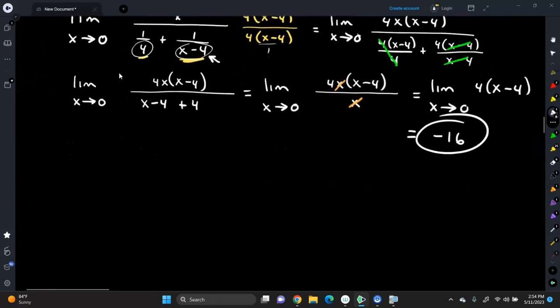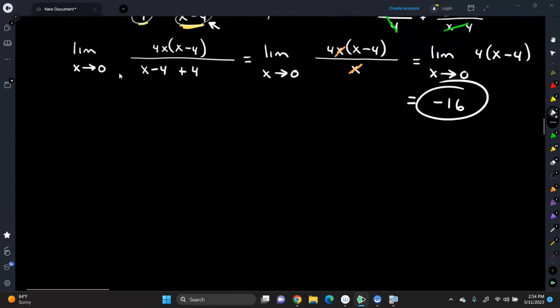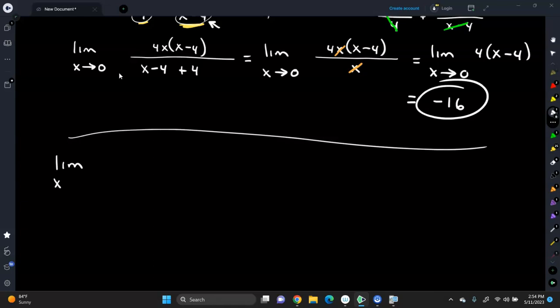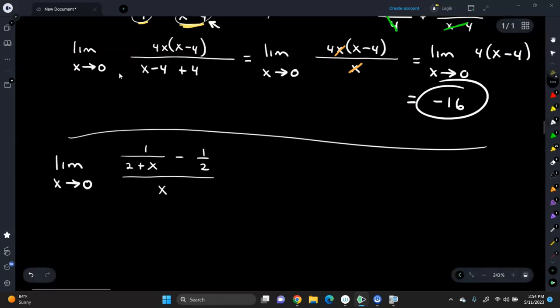Okay, let's look at another one of those. Let's take the limit as x approaches 0 of 1 over 2 plus x minus 1/2 over x. Remember, we're always going to try to direct substitute first.